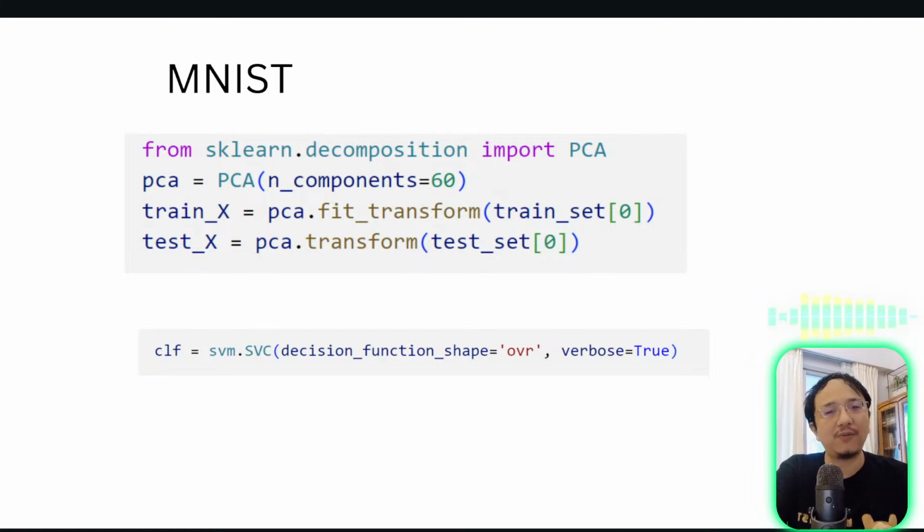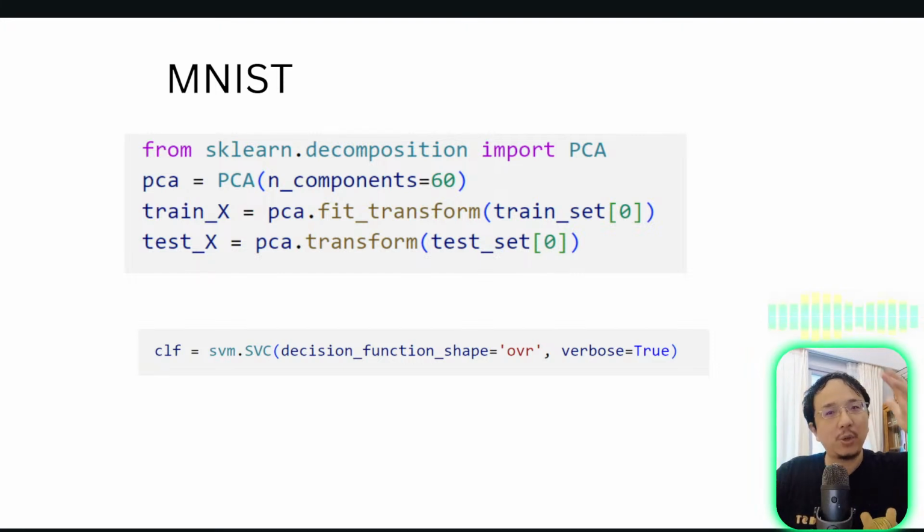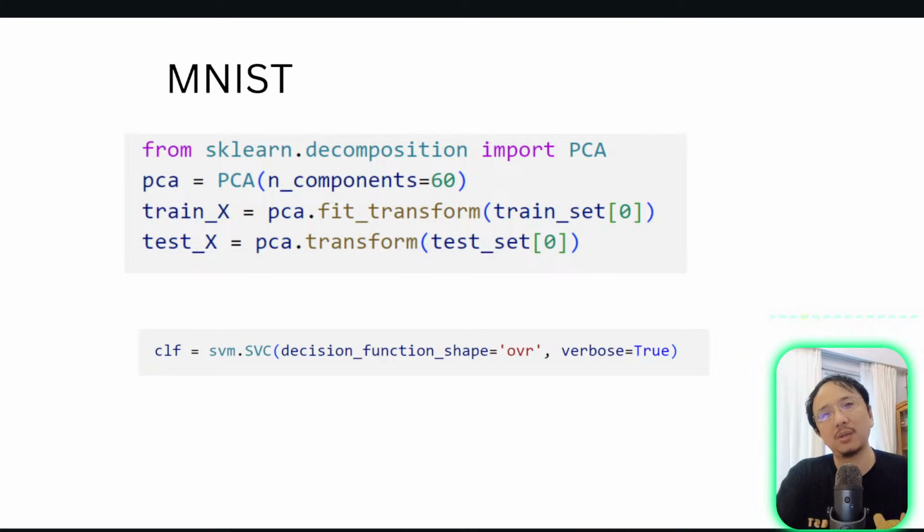For each of them, we pick one of the digits against the other 9 digits. So we have 10 different binary decision problems, and we use the results of these to decide which digit is our prediction.